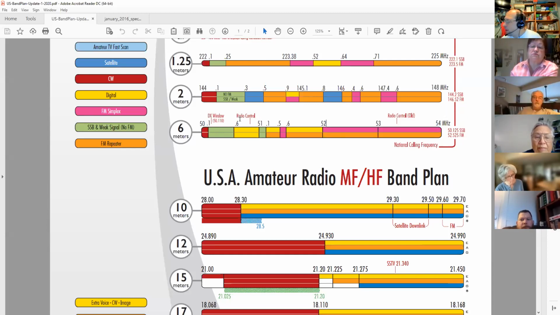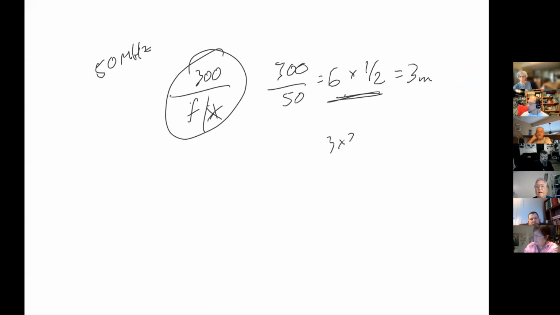And if we go through the math, we would find that if we start at 50 megahertz, lambda is 300 divided by 50, which is exactly 6, times 1/2, because it's a half wave, is 3 meters. 3 times 39.36 is almost exactly 112 inches. And that's where they got that number.